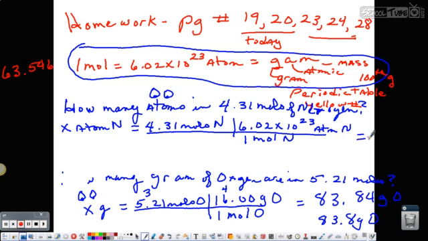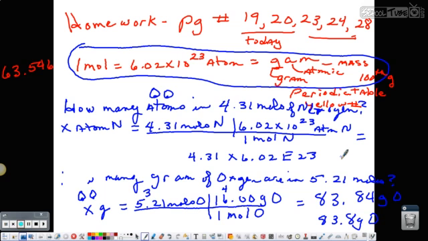Alright, take out your calculator. Remember, when you put in this number, it's going to be 4.31 times 6.02 E23. Oh, this thing is giving me grief tonight.